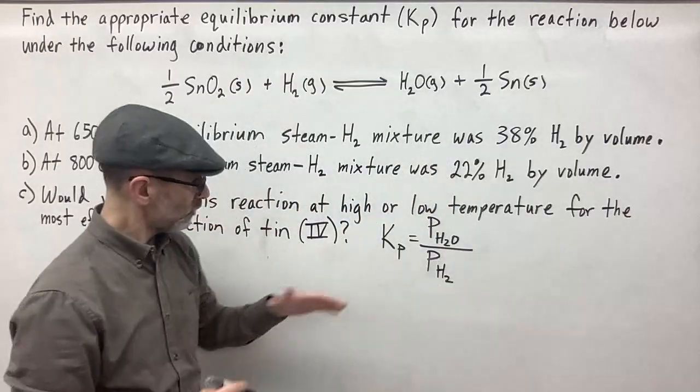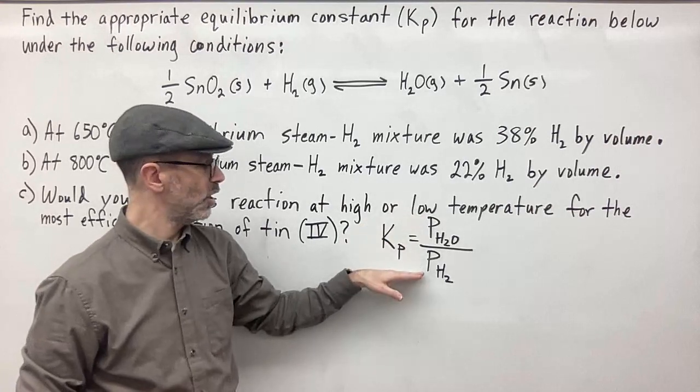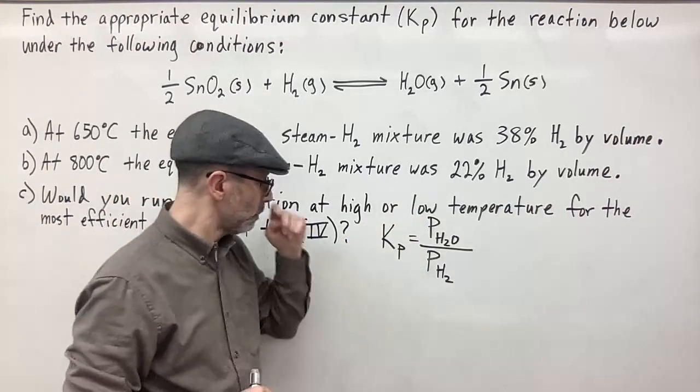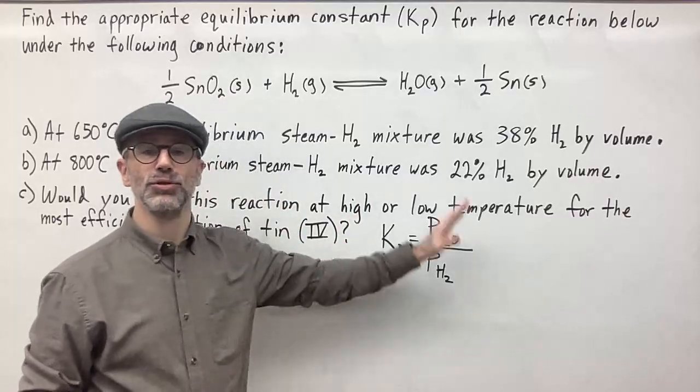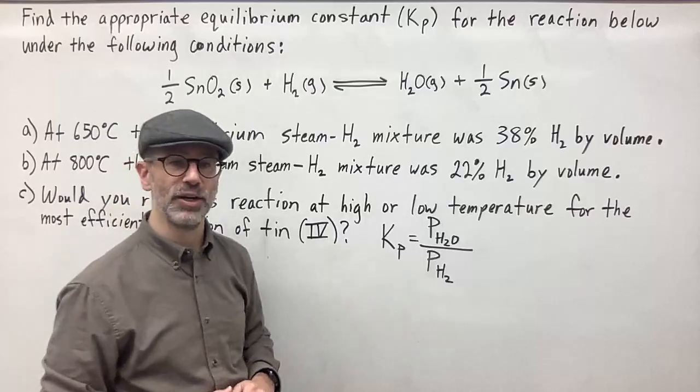So it's the ratio of the partial pressure of water vapor to H2. Water vapor is also known as steam, right? So this is what we need to use to calculate the Kp value given the conditions.